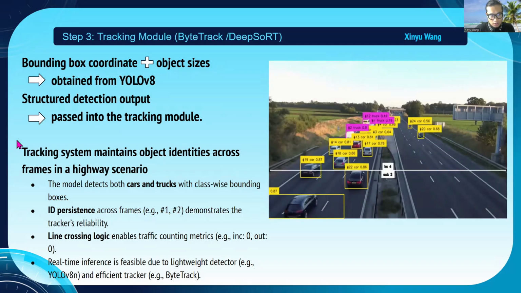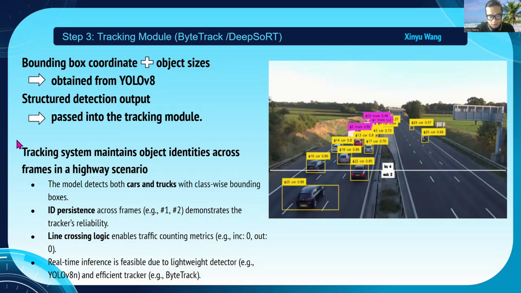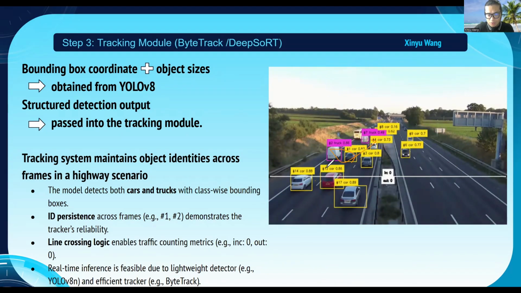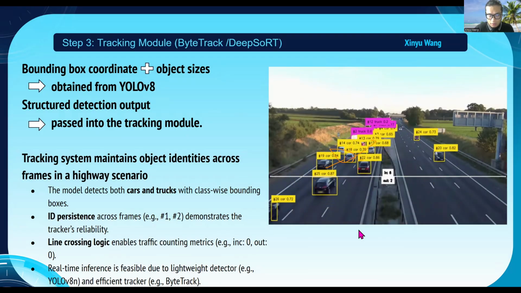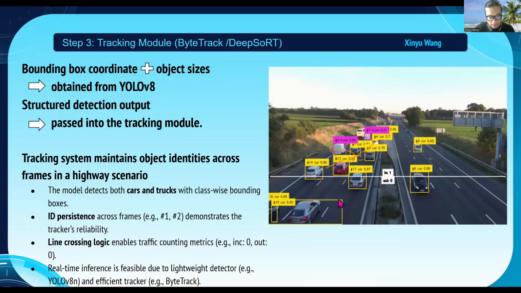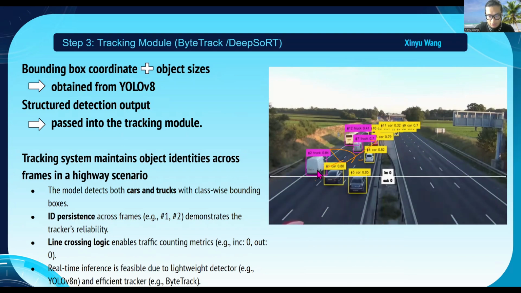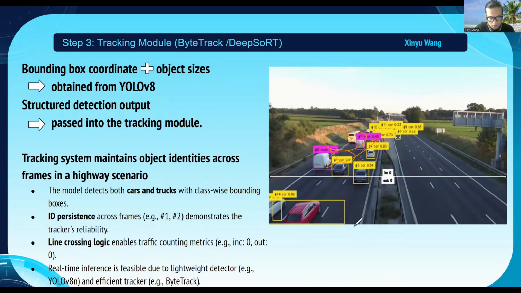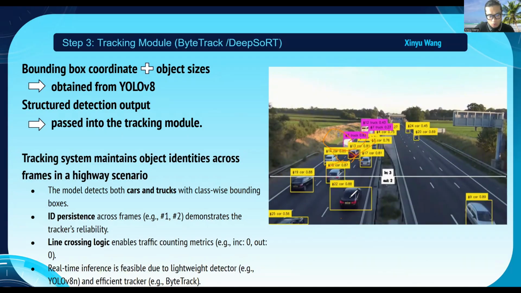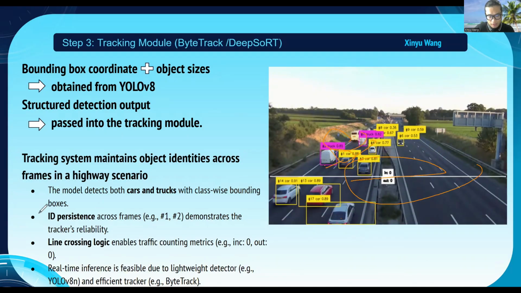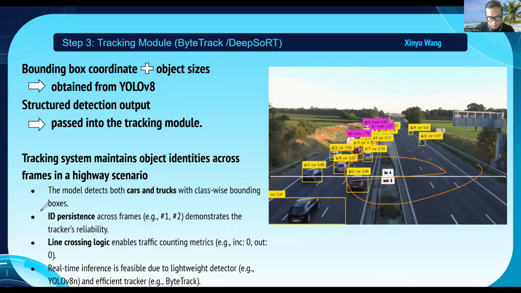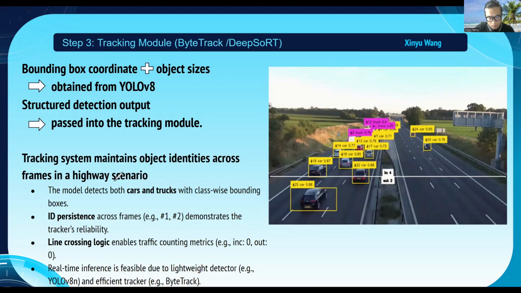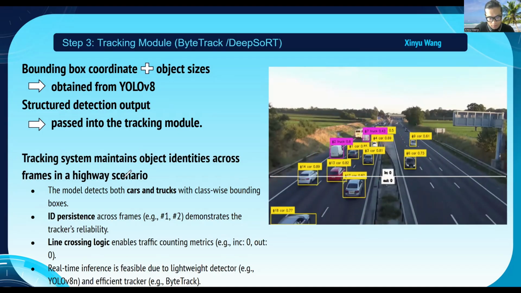Each detected vehicle is assigned a unique ID, as you can see. We have 13 here, 17 here, and 22 here. Then we also have the class label, the car here and the truck here, and also the confidence score. As a vehicle crosses this white line, the system can update the in and out counters.